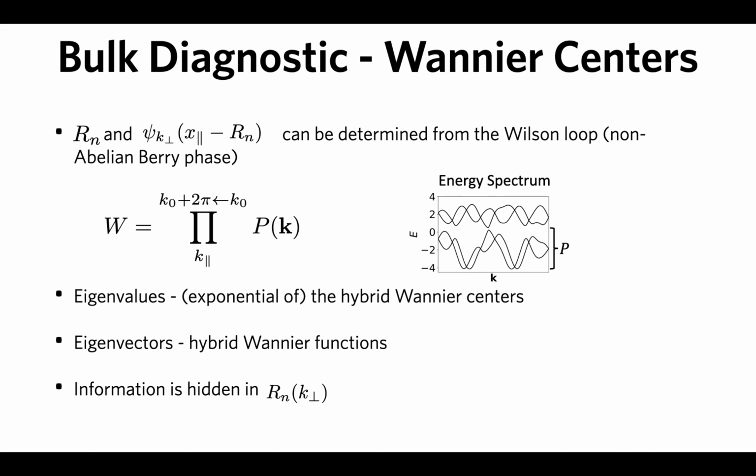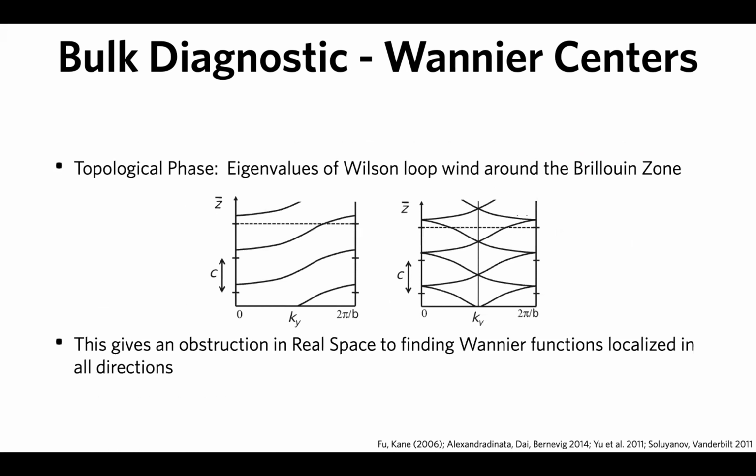If I look at these centers and how they depend on the perpendicular momentum, I can compute topological invariants. So one interesting thing that can happen, if I'm plotting here the z component of my hybrid Wannier centers as a function of perpendicular momentum that I'll call ky, you can see in this panel what happens is I have at each k one hybrid Wannier function per unit cell, and as I move ky, these functions shift from one unit cell to the next.